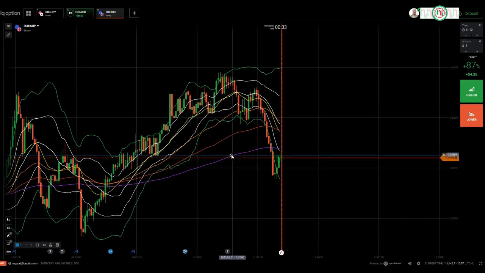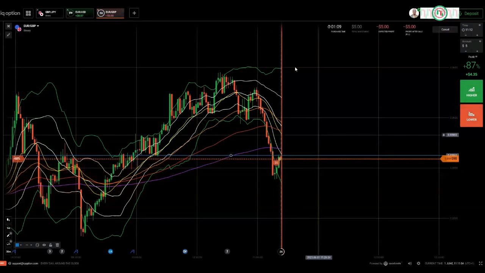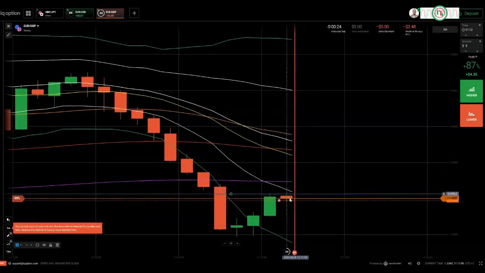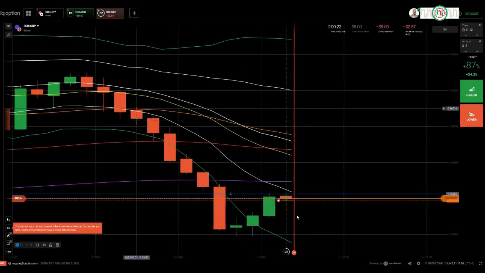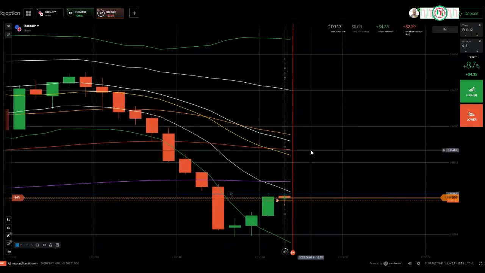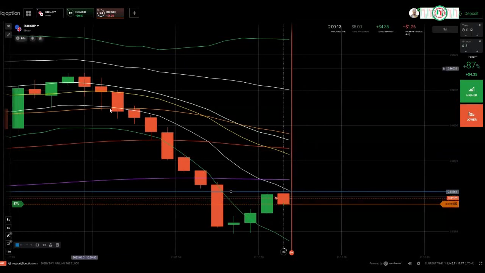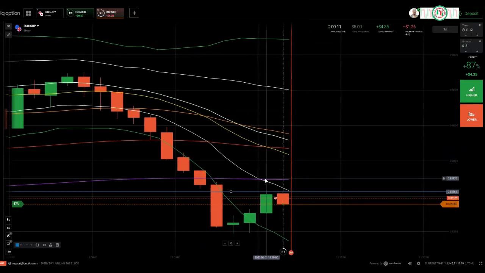If the market touches this level, yes, the market has touched this level, I will place a put option. Yes, I place my trade put option because the market has touched this level, so I know definitely the market is reversing. That's why I place my trade, because of this strong momentum here.